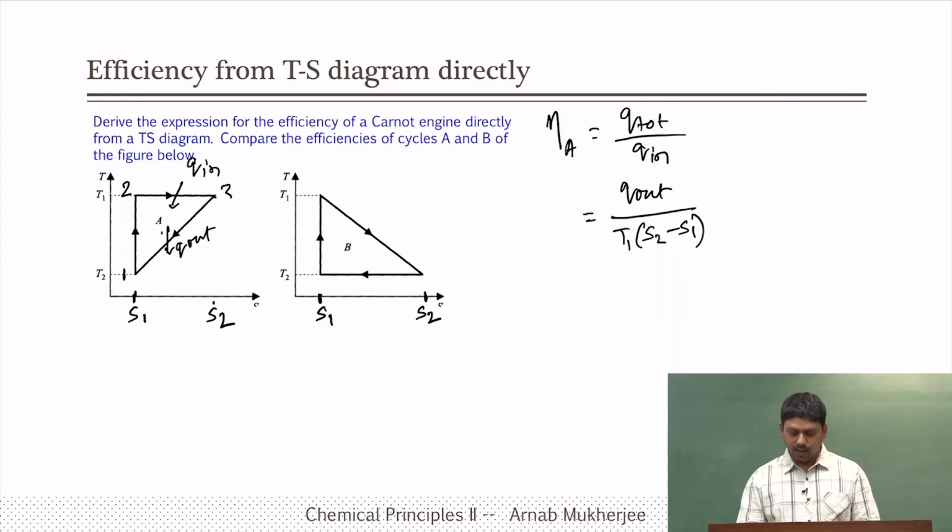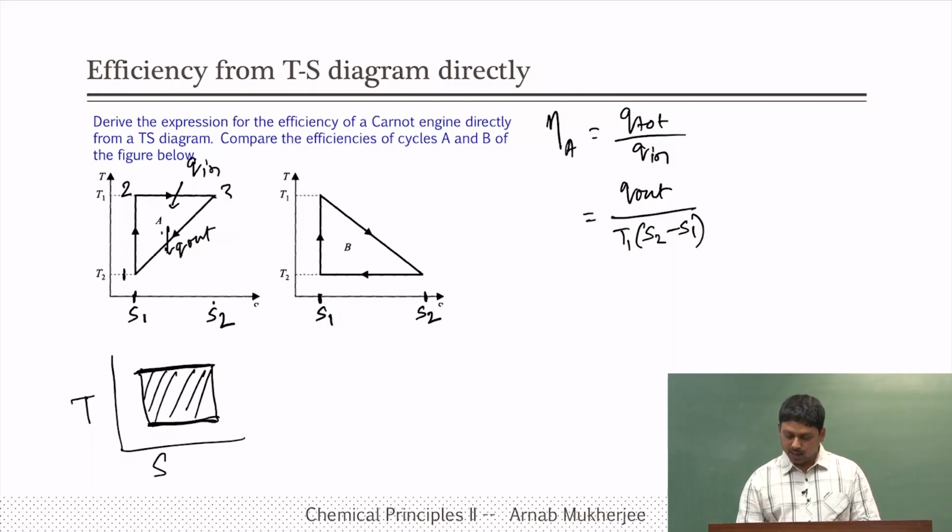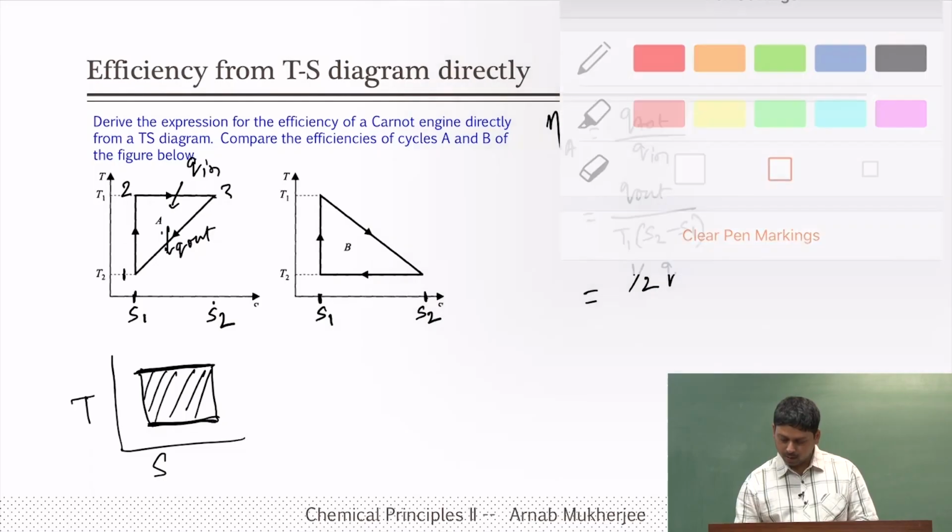Interestingly, the Q tot for the Carnot cycle was the area enclosed by the rectangle. If we remember, in the TS diagram Q in is the area under this curve and Q out is the area under this curve. So Q tot was the area enclosed by the rectangle, and you can see this is half of that. So here the Q tot is half of the Q tot of the Carnot cycle.